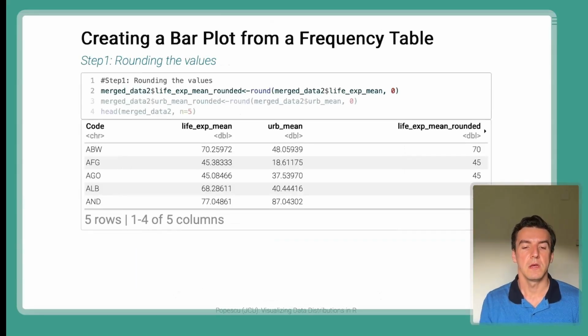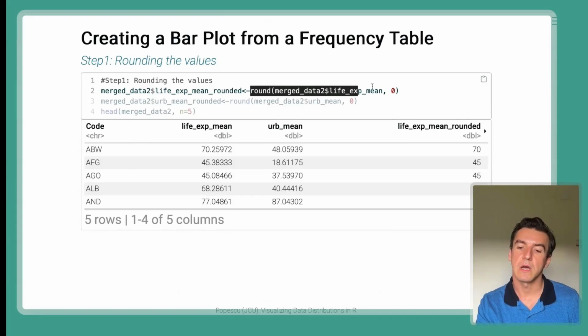Okay, now we can apply the logic behind this toy example to our data. So let us first do this type of histogram manually. How do we do that? Let us first round our life expectancy mean.